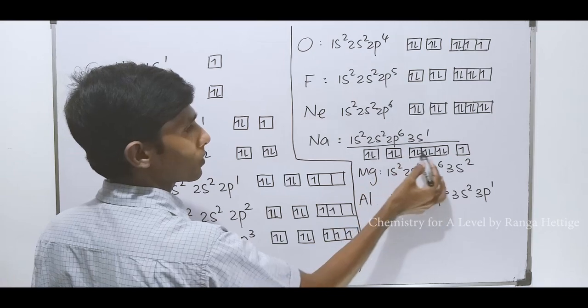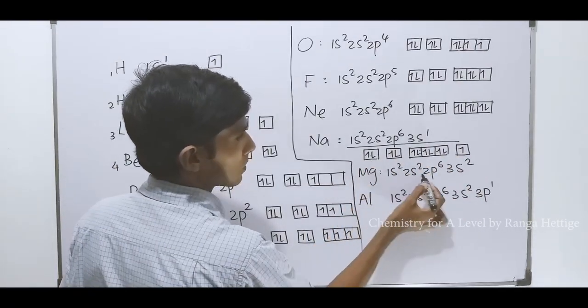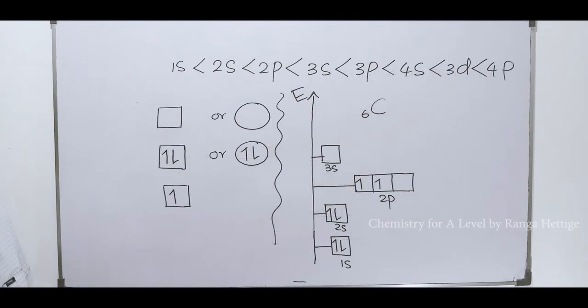Magnesium, 1s2, 2s2, 2p6, 3s2. Aluminium, 1s2, 2s2, 2p6, 3s2, 3p1, because of 13 electrons. So this is the way we write the electron configurations of ground state atoms.